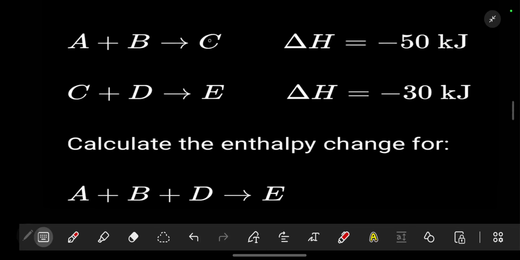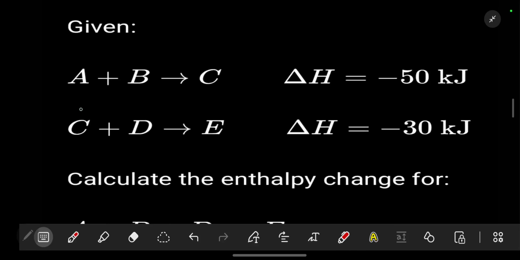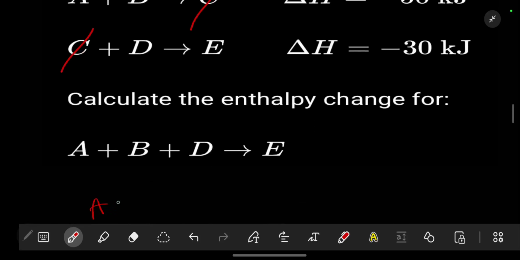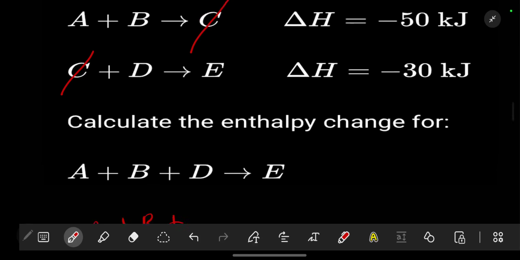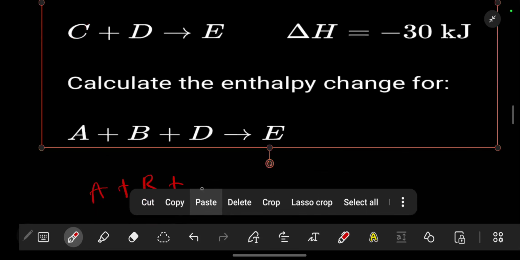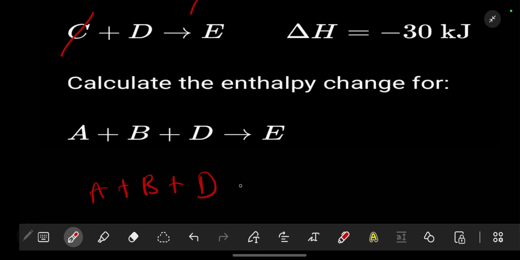If C is here and C is here, you can cancel your C. After you cancel your C, since they are on opposite sides, the A plus B plus D that is remaining should give you your E.